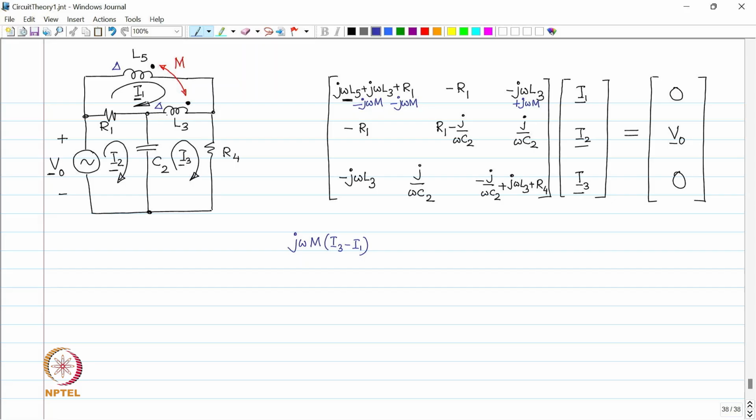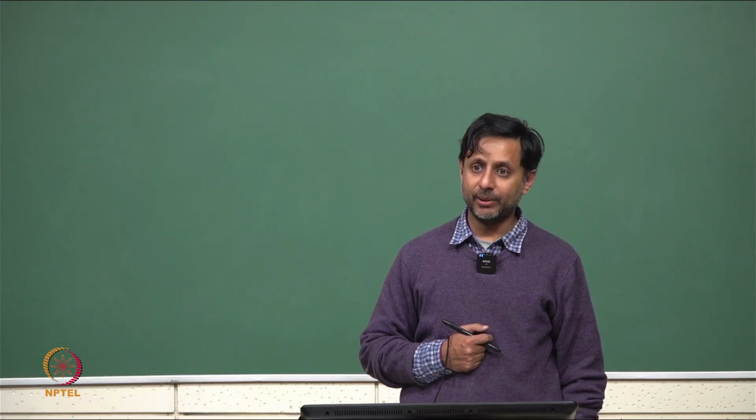First you see the triangle L 3. So, what is the current entering the triangle at L 5? I 1 is the current entering the triangle at L 5. Okay. So, there will be an additional drop of how much? J omega m I 1.